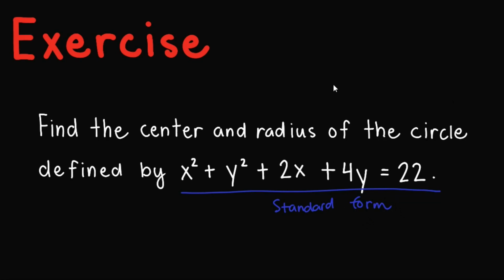And actually, this exercise item is a preview to the next video, since in the next video, we'll be talking about how we can convert a standard form to a center radius form. So that is a hint for now. Take note that you can manipulate this form and make it in center radius form to immediately see and find the center and the radius of the circle.